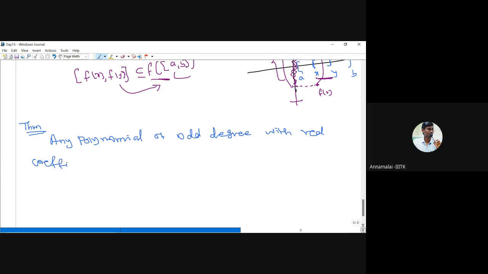Therefore, we always have an even number of roots that are complex. But it's odd degree, therefore we have at least one real root. It's just simple.